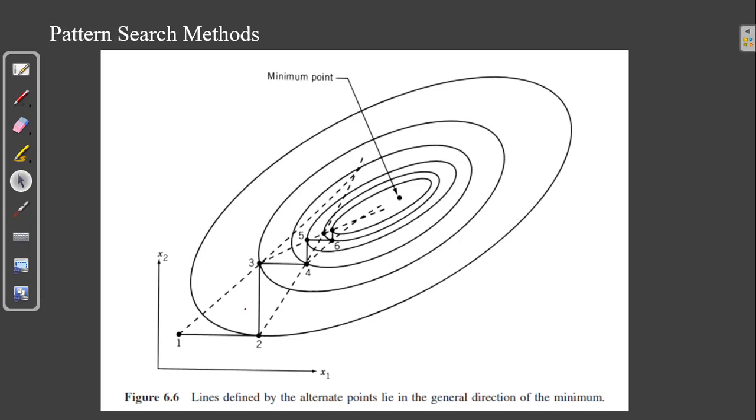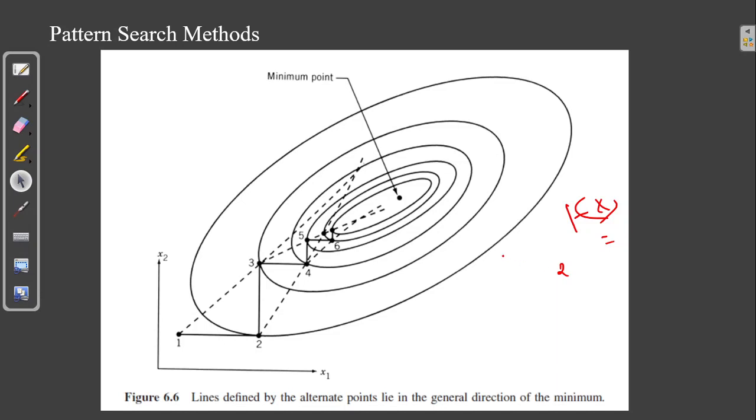Let me take this figure, in which we have two variables x1 and x2, and f of x is an objective function in x1 and x2.